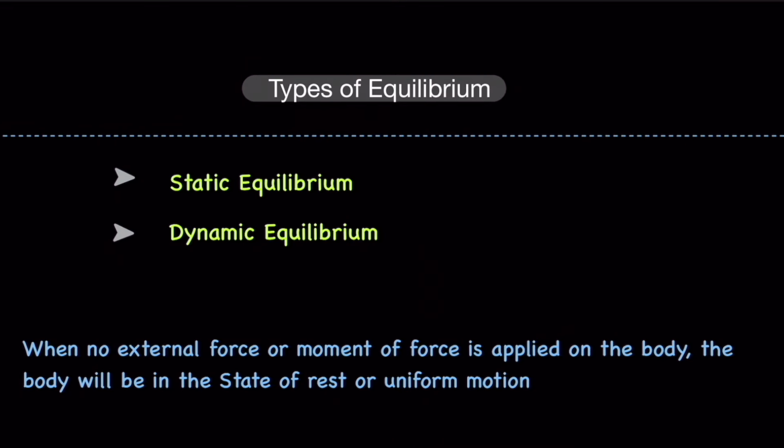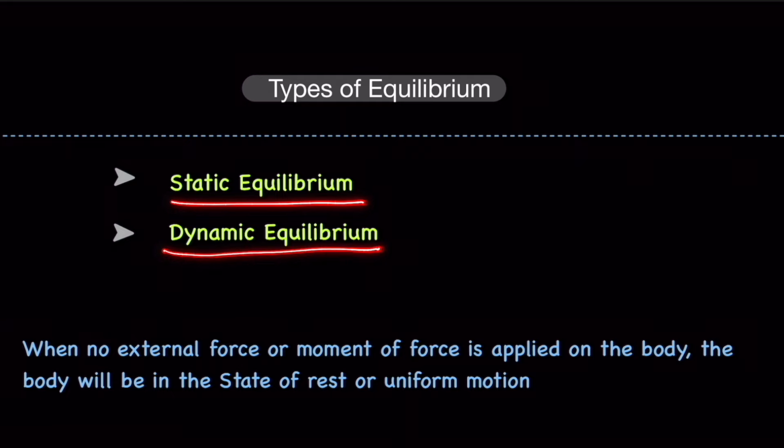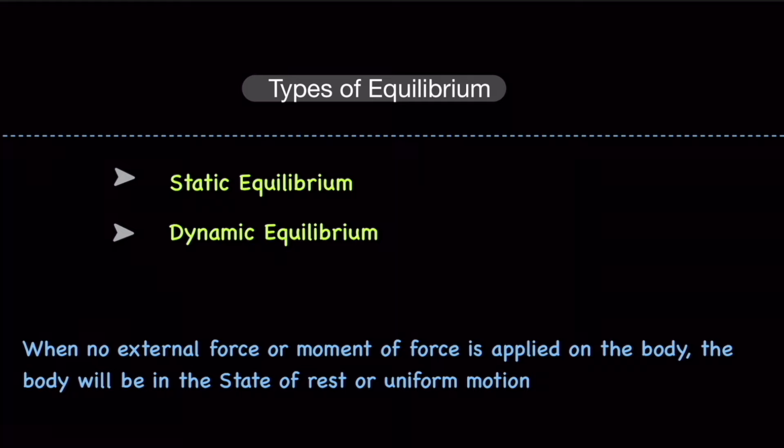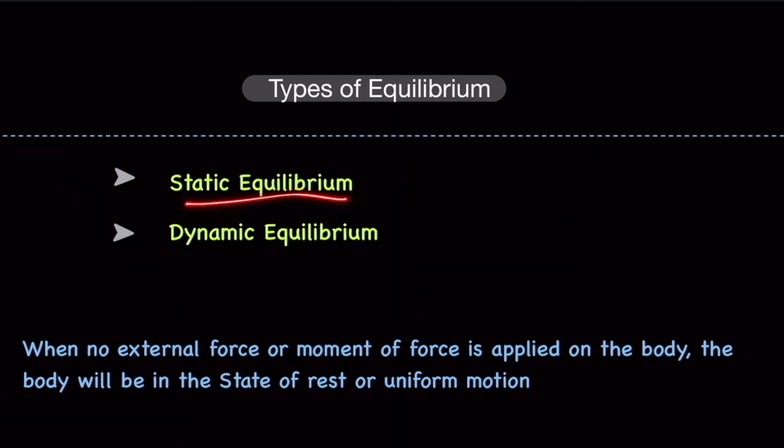Now we will study the types of equilibrium. So there are two types of equilibrium. One is the static equilibrium and second is the dynamic equilibrium. So always remember, whether it is static or dynamic, the condition of equilibrium should be satisfied. Means in both cases, net force and net torque should be 0. This is the condition. But what are static and dynamic equilibrium?